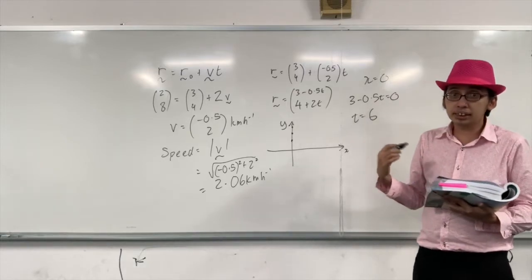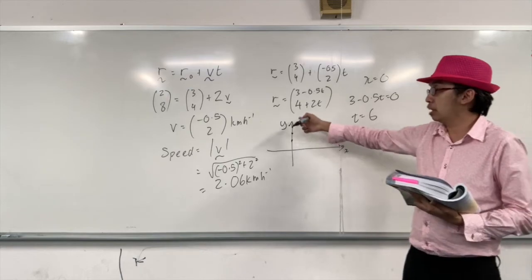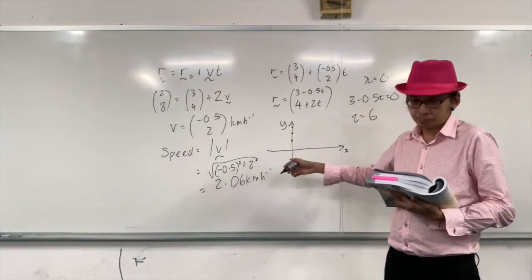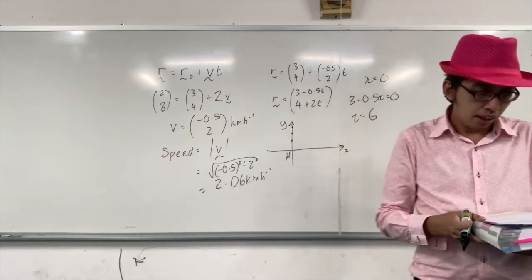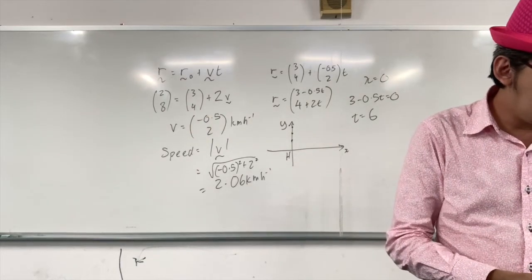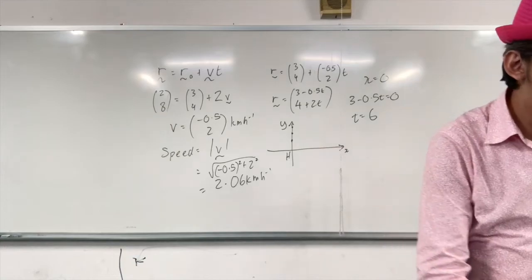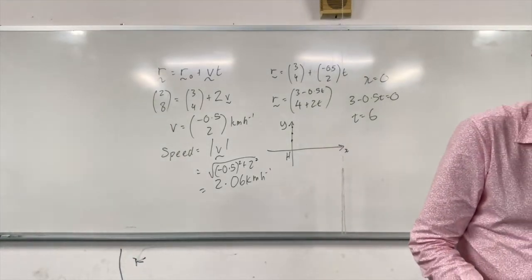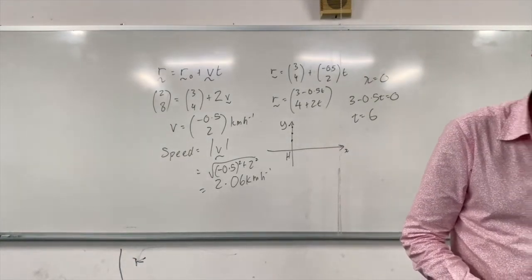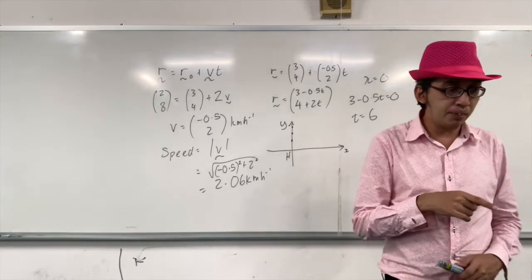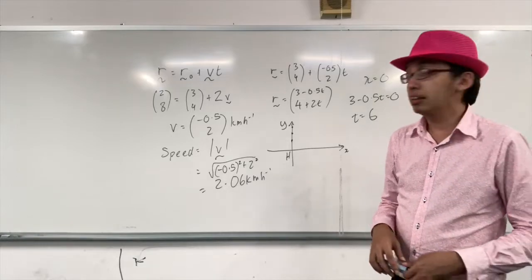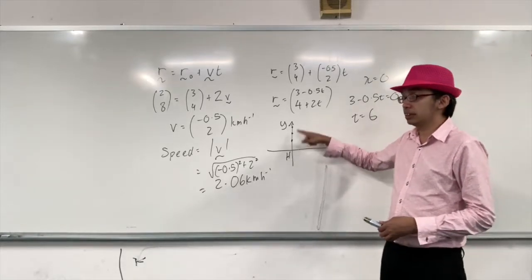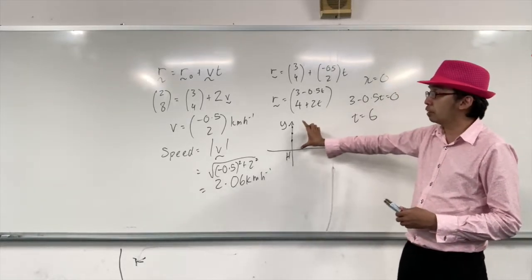That means after 6 hours, the boat is directly above the harbour. Let's call this harbour H. The question didn't specify, but they also want the distance, which is just the vertical distance here. So we want the y component.